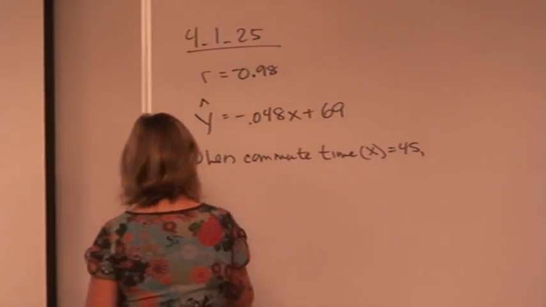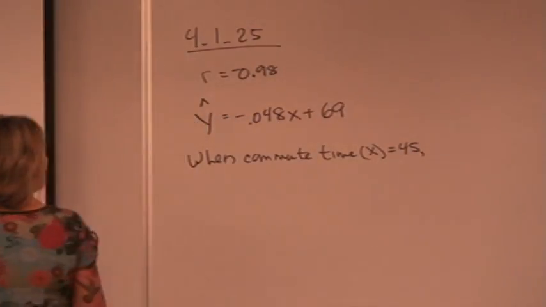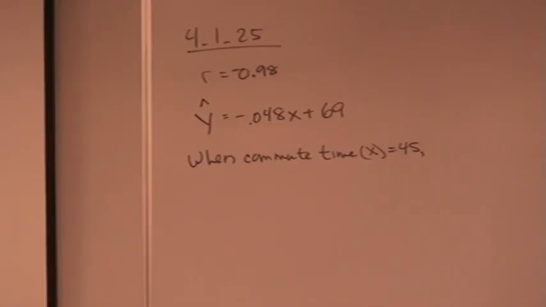What is that you're writing down right now? When the commute time is 45 minutes, we predict this person's well-being score, and whatever this means, the psychologist or whoever, about 66.9.